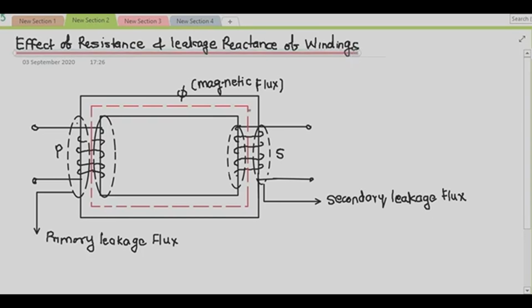We have seen the effect of the losses on the transformer. Now let us see the effect of the resistance and leakage reactance of the windings.